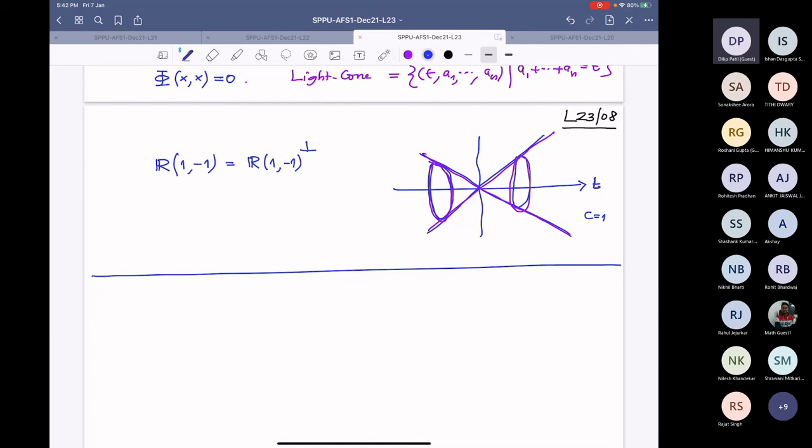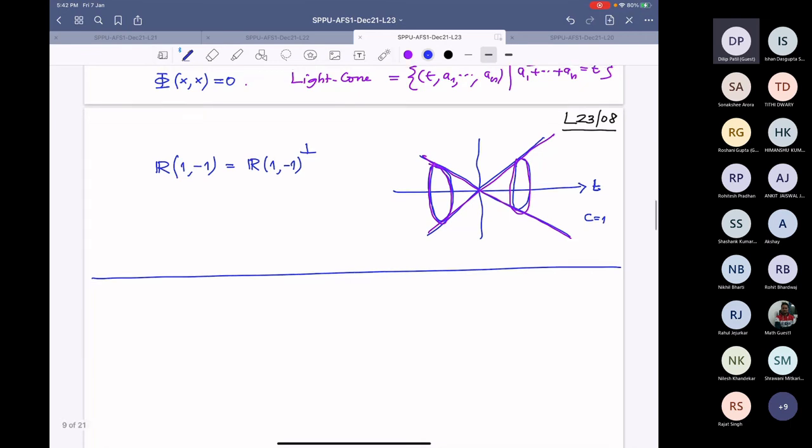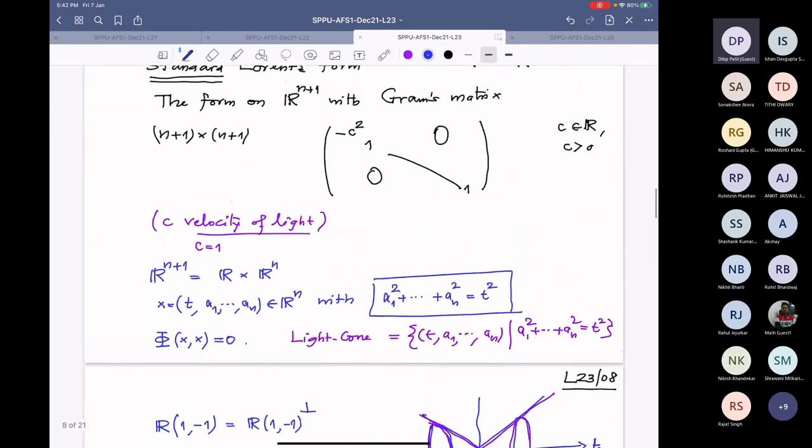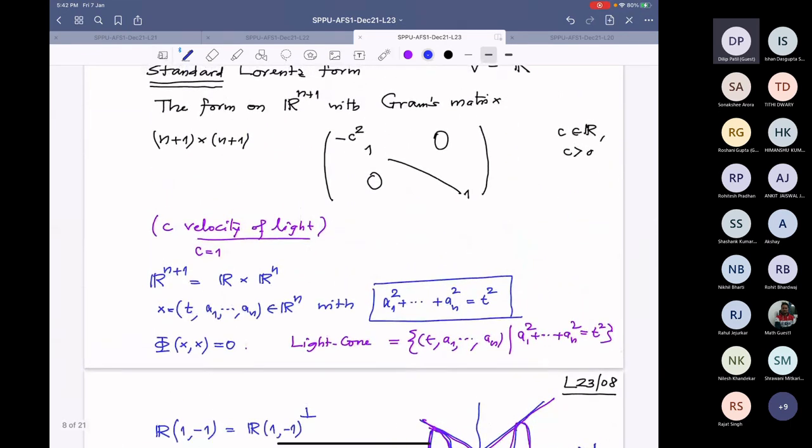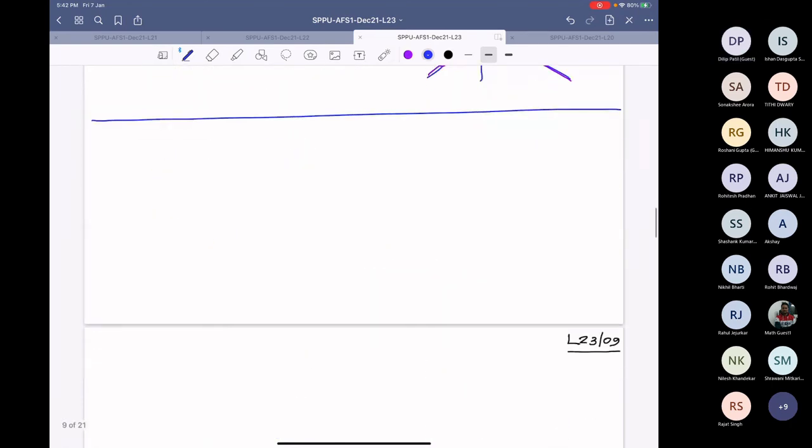What I ultimately want to do is decompose this vector space in such a way that I can classify them. To be more specific, remember classification of linear maps.